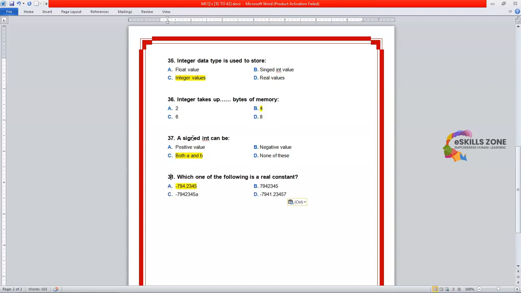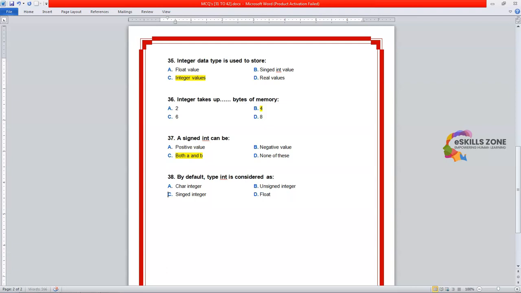Next number 38. Question is by default type integer is considered as char integer, B, unsigned integer, C, signed integer, or D, float.